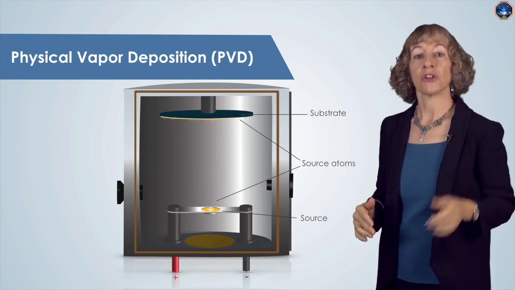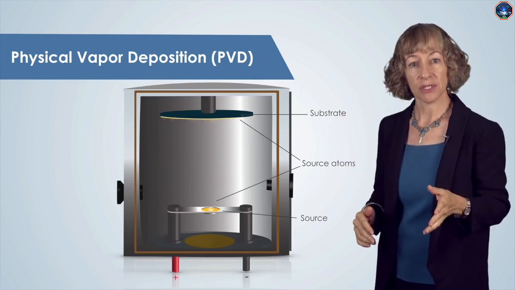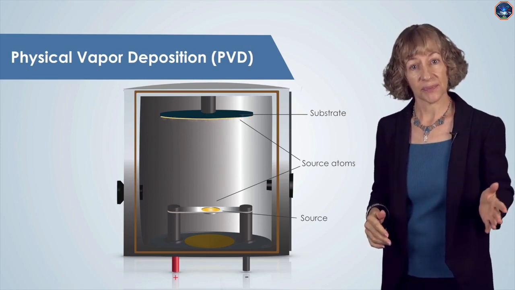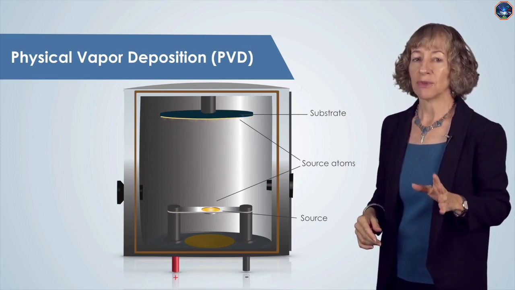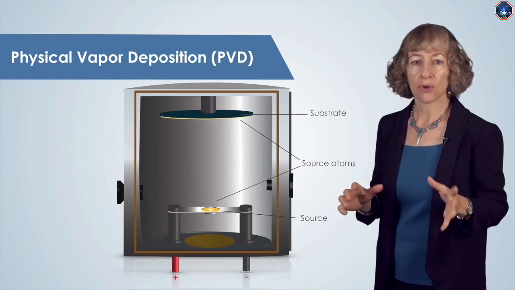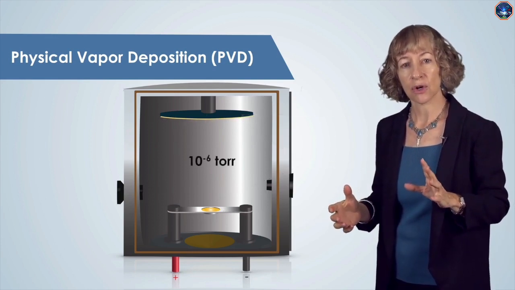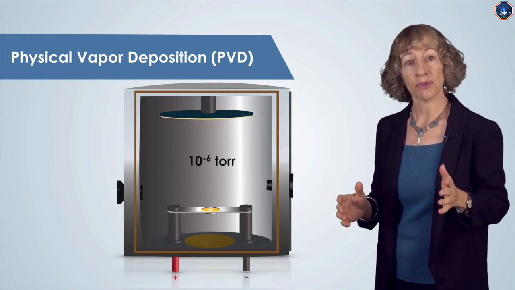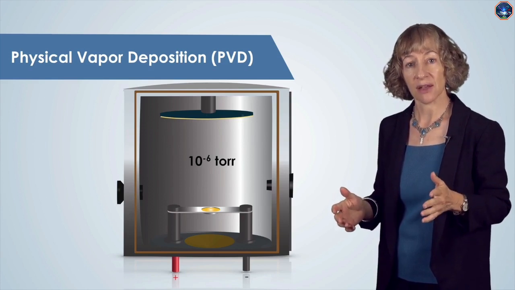This process is called physical vapor deposition, or PVD, and requires vacuum environments with pressures on the order of 10 to the minus 6 torr, or equivalently 1.3 times 10 to the minus 4 pascals.